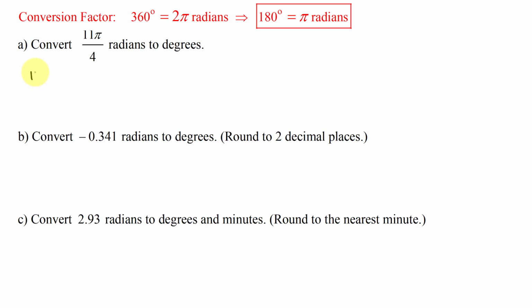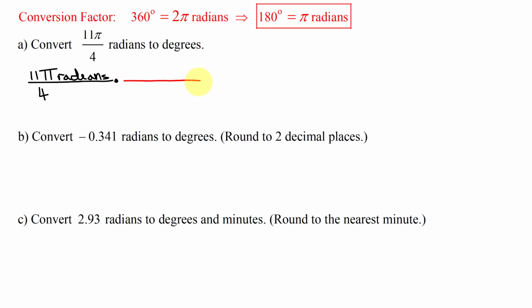So we take our given angle of 11 pi over 4 radians, and I'm going to use dimensional analysis that says I'm going to multiply that by a fraction, and I'm going to take one side of the conversion factor and put it in the numerator of my fraction, the other side will go in the denominator.